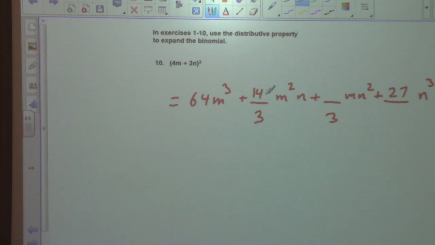So 144 will go here. And this one here, you'll have 3 times 4 times 3 squared. 108. Yeah, 108. Okay, I'm trying to mentally lead you through; there are some patterns we can use that will make these a lot faster.